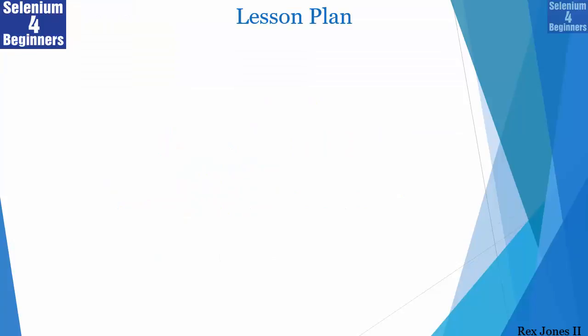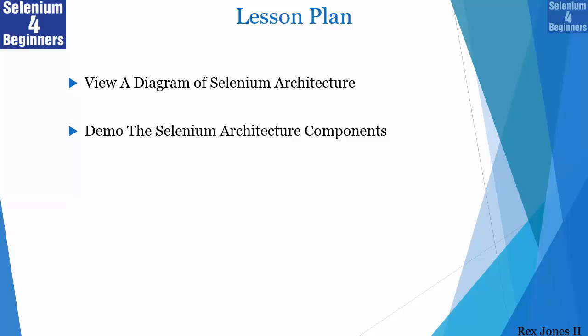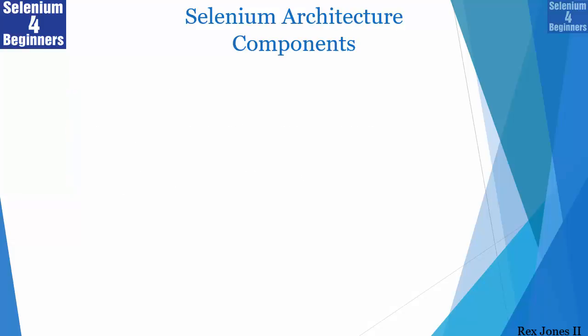In this lesson, I will show you a diagram of the Selenium architecture, demo the Selenium architecture components, then recap the Selenium architecture. The architecture of Selenium WebDriver is mainly about communication between the client and server.